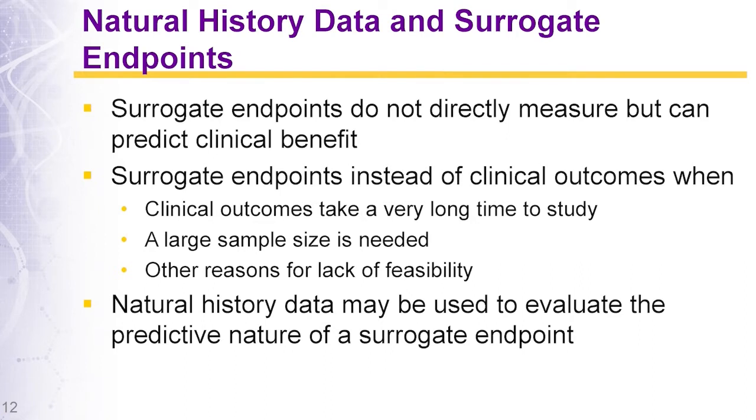Surrogate endpoints can be used instead of clinical outcomes in situations in clinical development programs where it can be shown that clinical outcomes take a very long time to study, and they may take a very large sample size to study. And there may be other reasons of lack of feasibility of having a clinical endpoint as your primary endpoint for a trial.